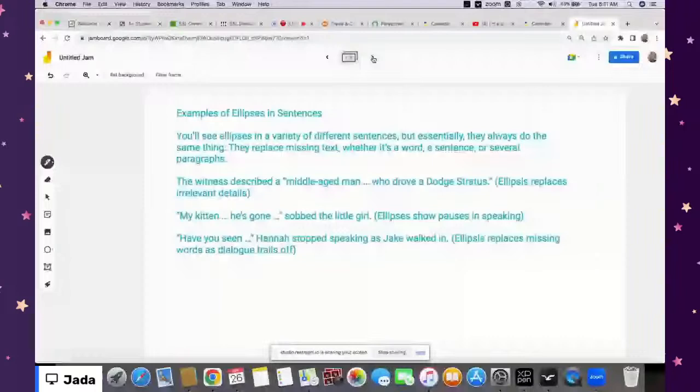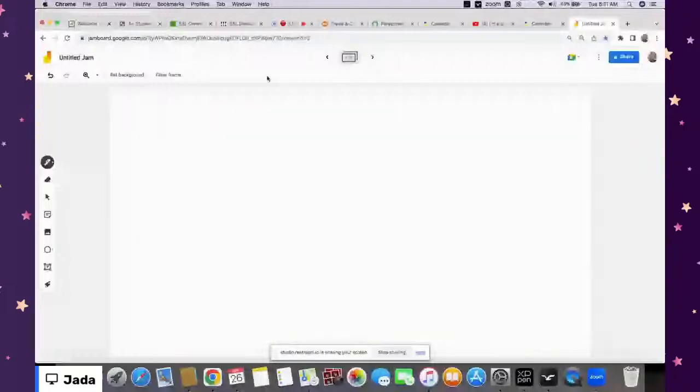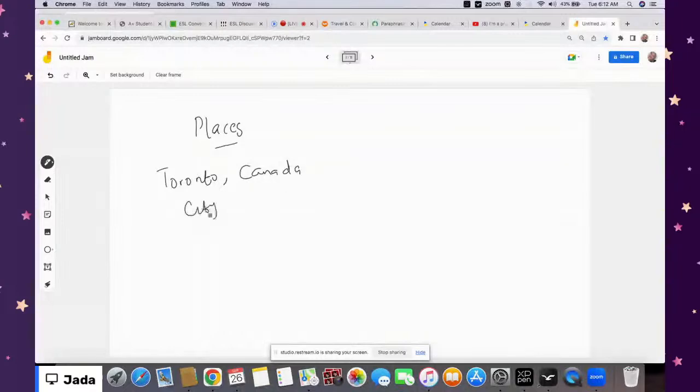So for the places, we're going to have Toronto, then Canada. So this is the city and this is the country, just like this.